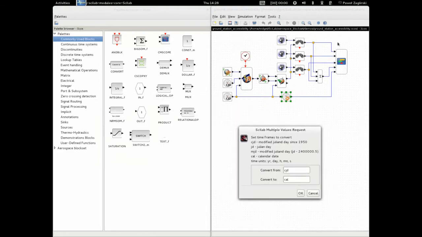The plot visibility block accepts different time frames, but in this example we would like to have calendar dates displayed in our plot, instead of Julian dates, which are kind of long and difficult to read. We will see that in a moment.